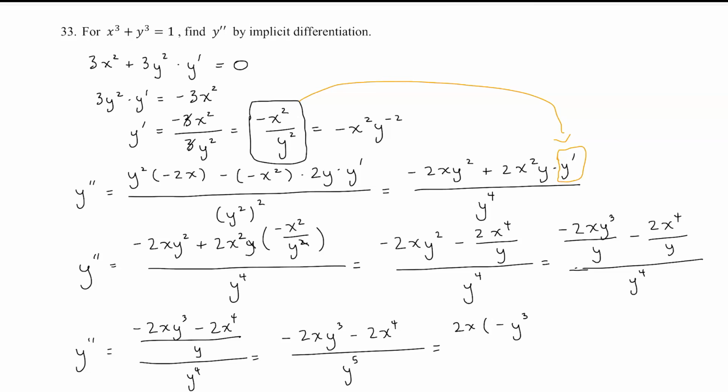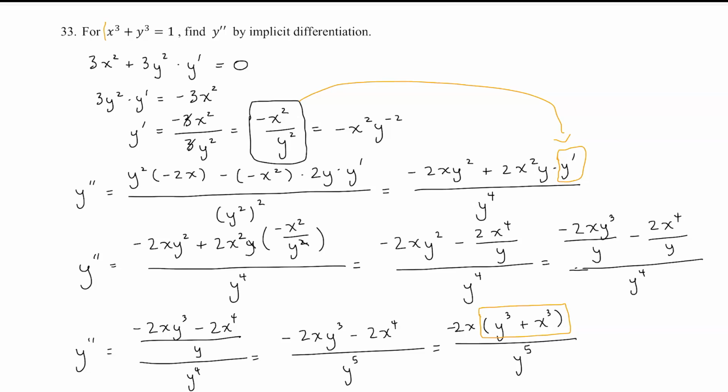We have negative y cubed. Actually, why don't I pull a negative 2x? Since both of my terms in the numerator are negative, I'll pull a negative 2x out, and that will leave me with y cubed from the first term and x cubed in the second term. By the way, how nice is this?